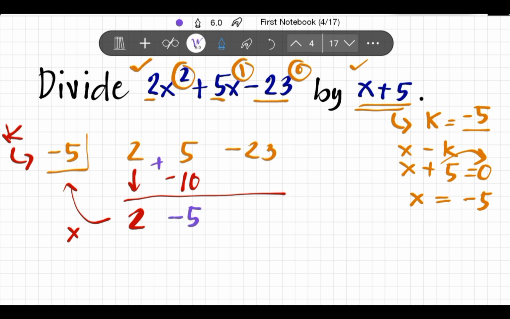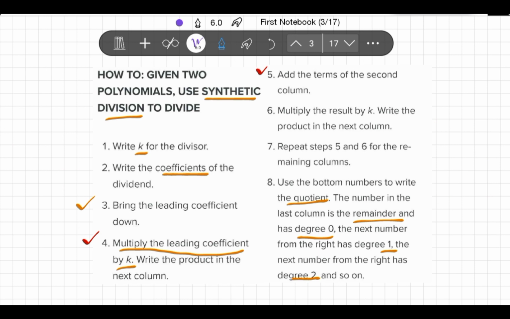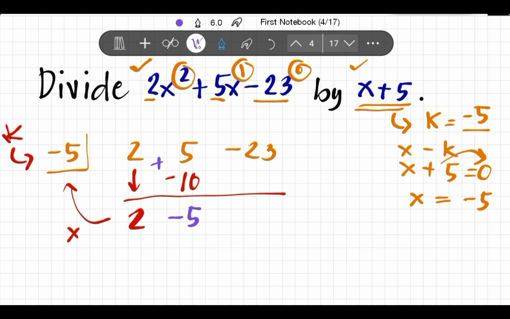So, after getting negative 5, again, you repeat step 5 and step 6. So, what is step 5? Add the terms of the second column and multiply the result by k. So, again, we will multiply negative 5 to k.